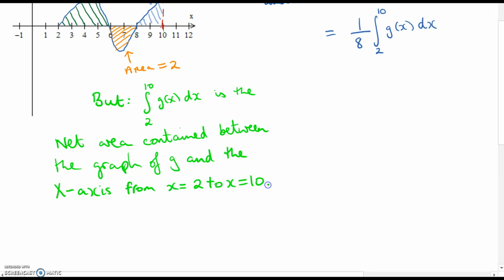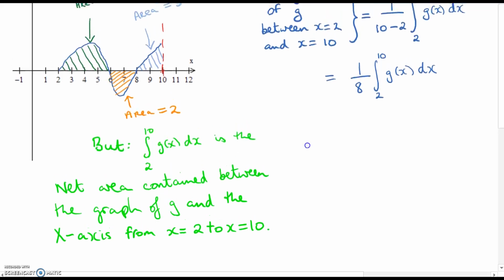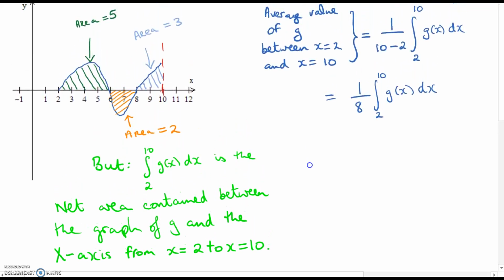When we say net area, because if you look at this graph as shown here, when we're talking about integrals, areas that are above the x-axis count as positive, and areas below the x-axis count as negative.